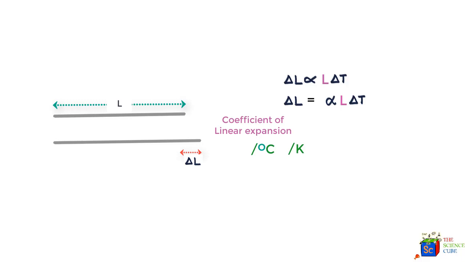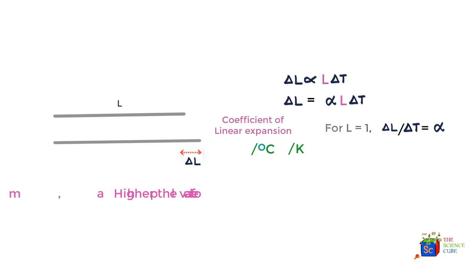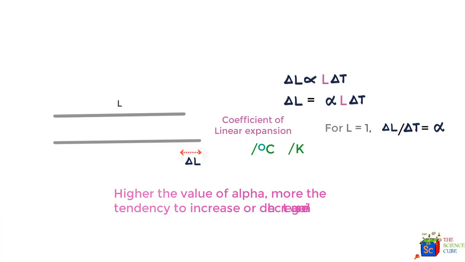If we take a rod of unit length, then alpha can be written as delta L upon delta T, or we can say that alpha is the change in length per degree change in temperature for unit length of a material. So the higher the value of alpha, the more its tendency to increase or decrease in length when its temperature changes.